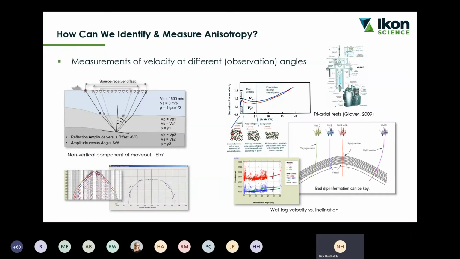So we need to think about how we can identify that this is at play, and how strong the effect is for the basin, the rocks, and the interval we're looking at. How do we measure it, and how do we calibrate our models? If we start on the left, we're at the coarsest scale: seismic acquisition, large scale layering. Within that, there's a non-vertical component of the moveout, which is this eta component.